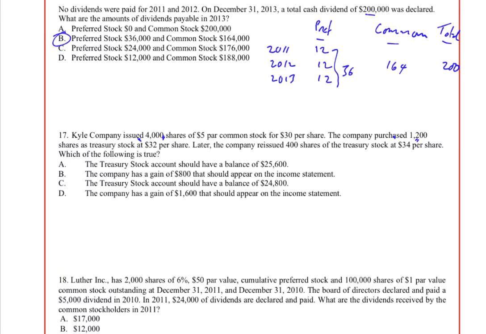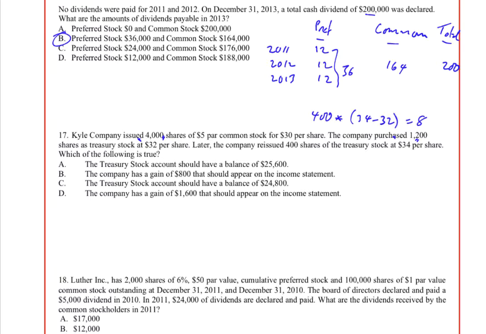It doesn't get to put that profit into net income, and not even into retained earnings. It gets credited to a separate account, paid in capital treasury stock, which comes about through gains on treasury stock. So it purchased 1,200 shares and then sold 400 of them, and so this gain is 400 lots of 34 minus 32, right?